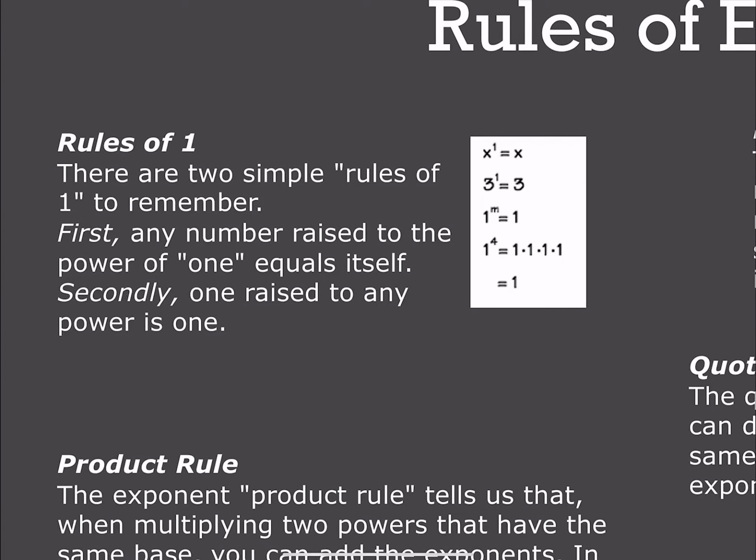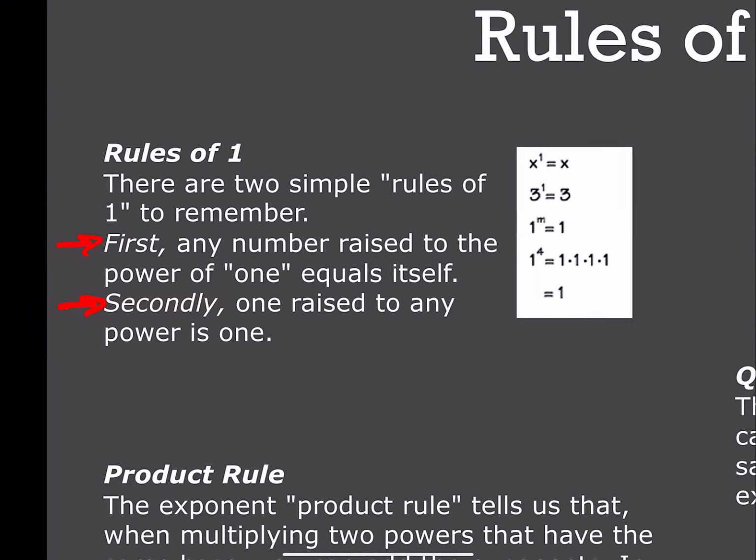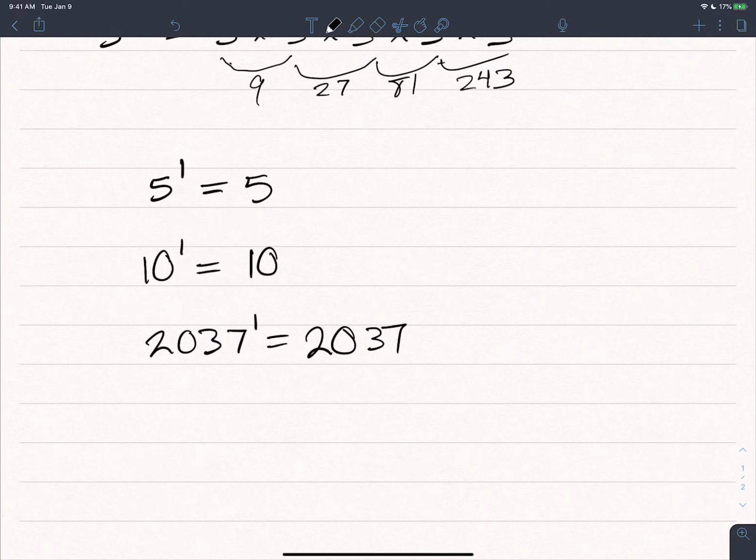The second rule of 1 is that 1 raised to any power is 1. If we break that down, let's say we did 1 to the 52nd power.